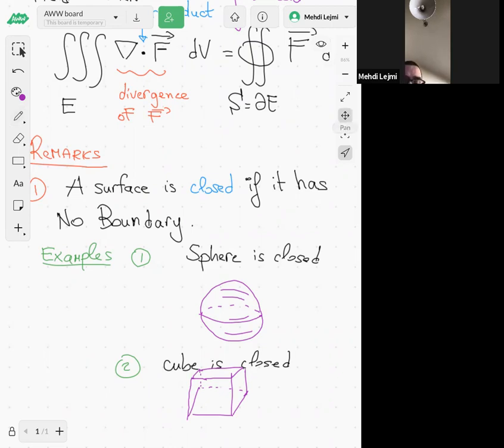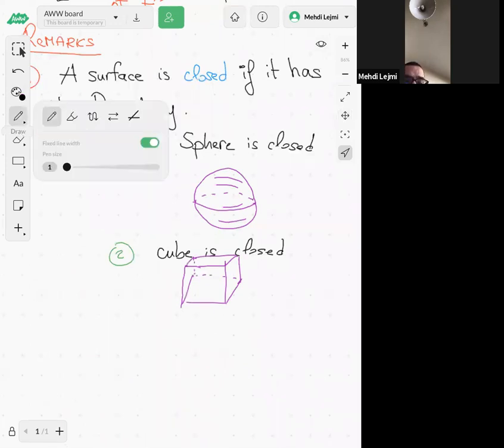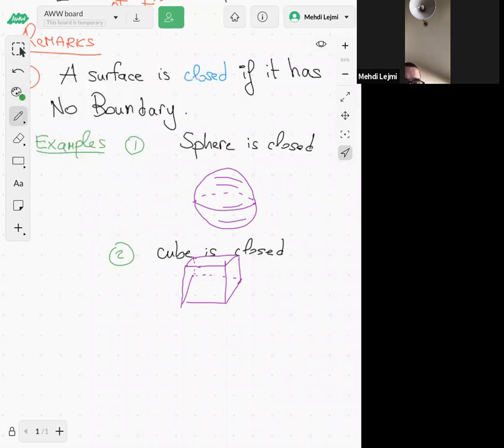An example which is not closed. Let's say example number 3. Let's say you take the paraboloid z equal to 1 minus x squared minus y squared with z positive or 0.